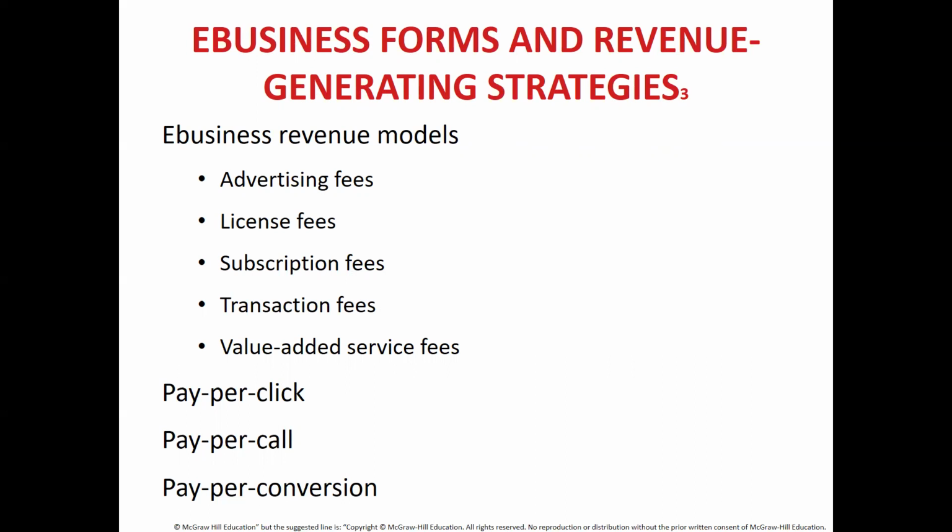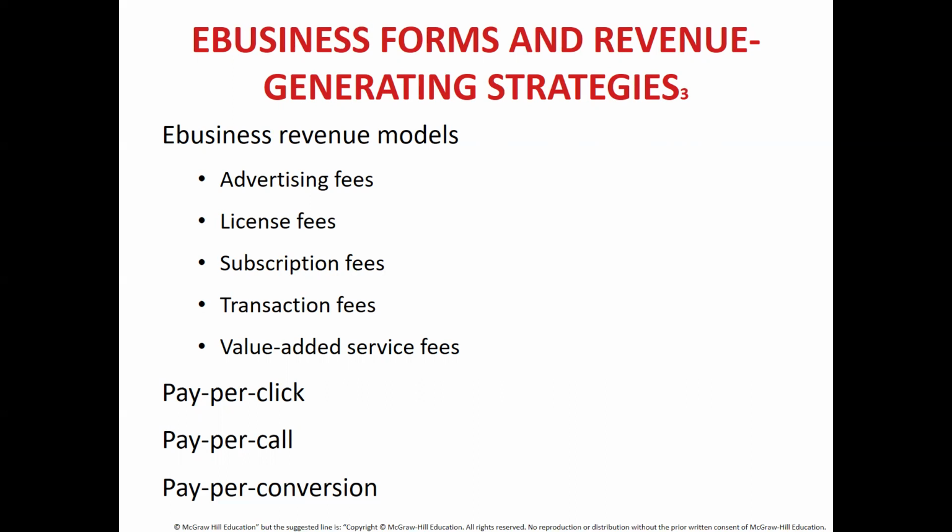You have transaction fees, whereby you perform some form of transaction and you end up paying a small amount of fees for it. If you are on the receiving end, you get the transaction fee. Now, value-added service fee. This is generally for service-based organizations, whereby a small fee is charged for the service they provided. You have pay-per-click. That means you advertise something, and the customer clicks on it. If you are the company advertising the product, you get a specific amount of money on the click.